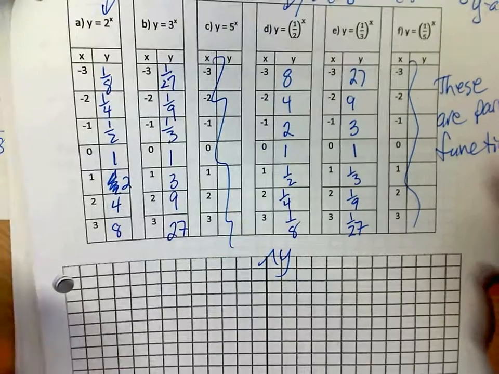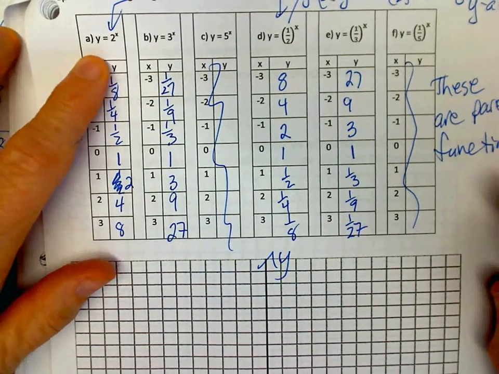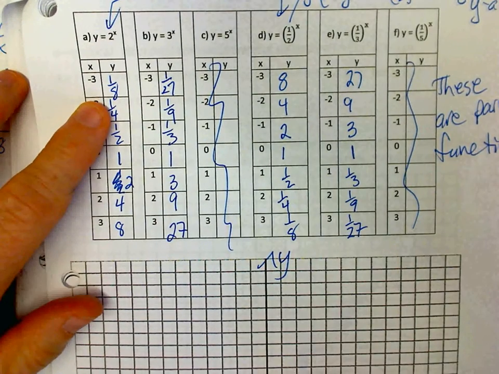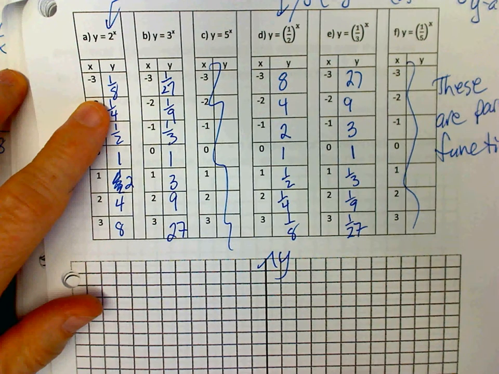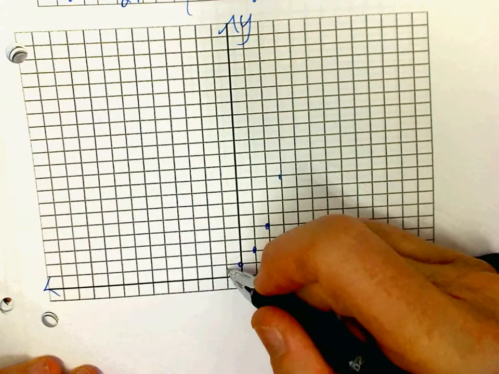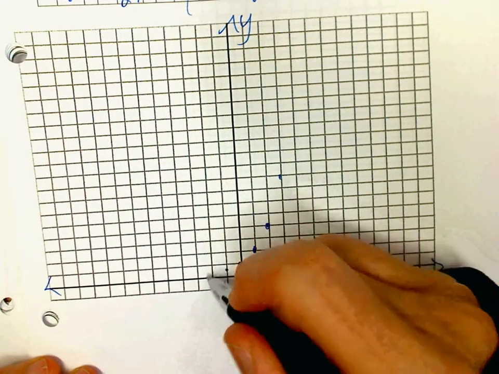Okay, so let's graph y equals 2 to the x. So 0, 1, when x is 1, y is 2, when x is 2, y is 4, when x is 3, y is 8. Sorry. And x is -1, it's a half.